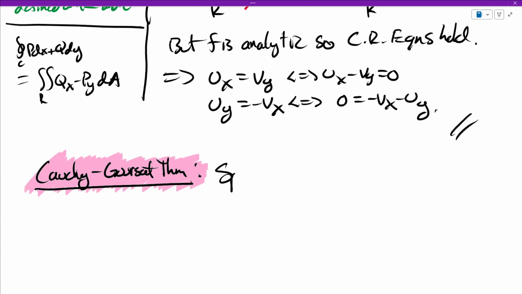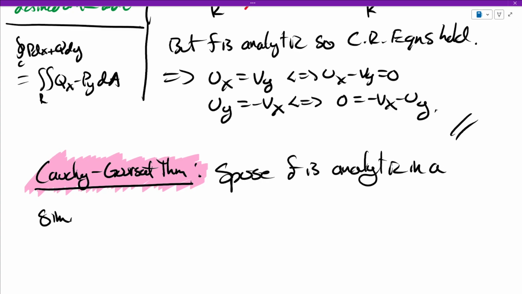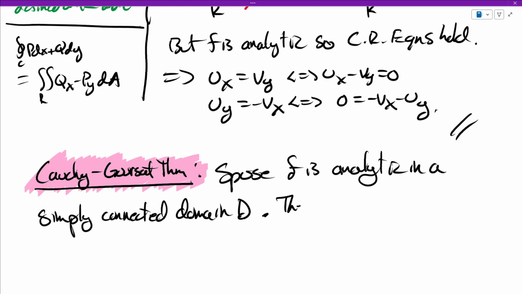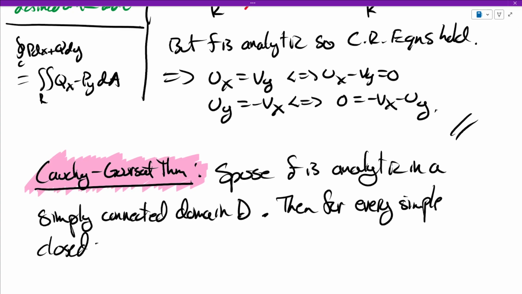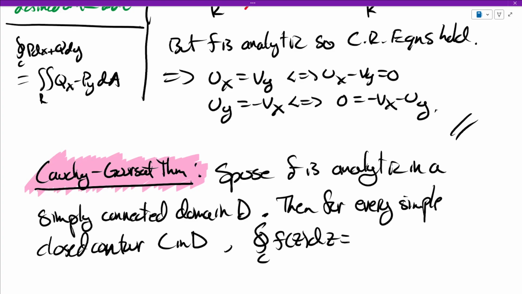It says, suppose f is analytic in a simply connected domain D, then for every simple closed contour C in D, the integral over C of f is 0.